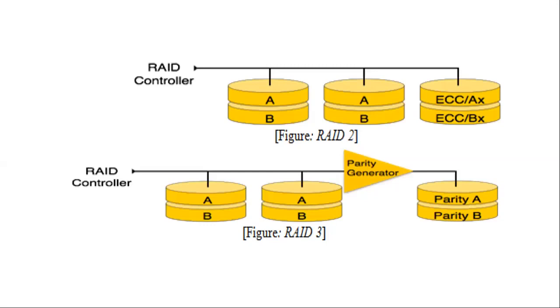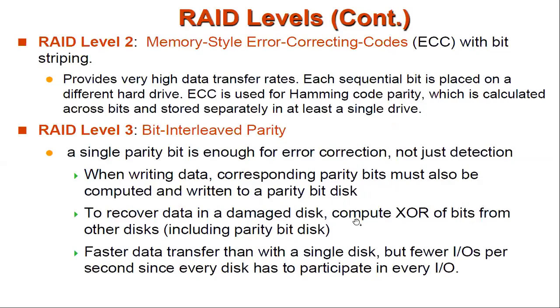So in that place, all your parity details will be saved separately. Okay, and then to recover data in a damaged disk, compute XOR of bits from the other disks. Suppose you are going to repair the damaged disk, you can perform the XOR operation. Okay, in bit operations, maybe you have studied already, XOR, NAND, AND, XNOR, those types of operations you will perform.